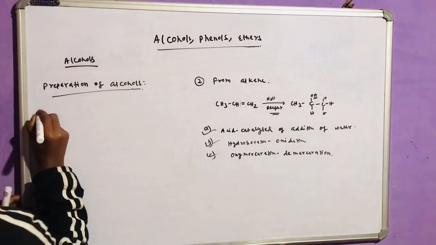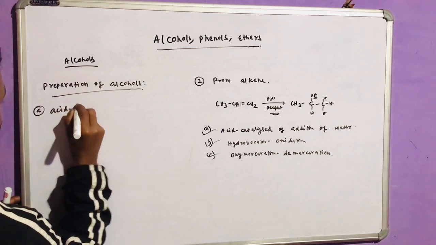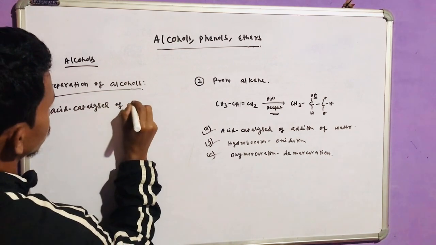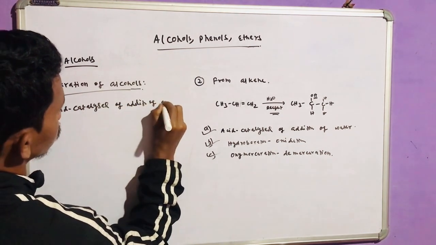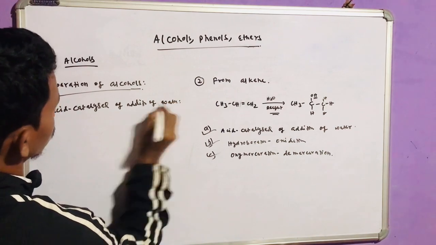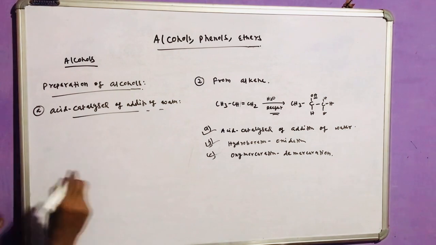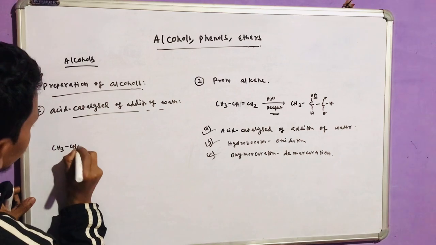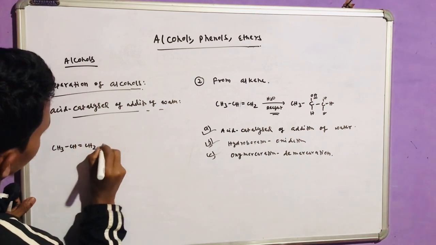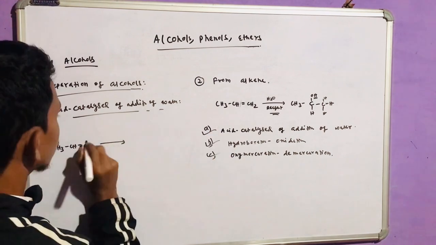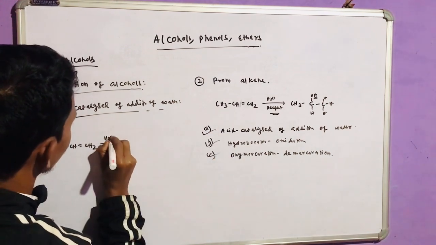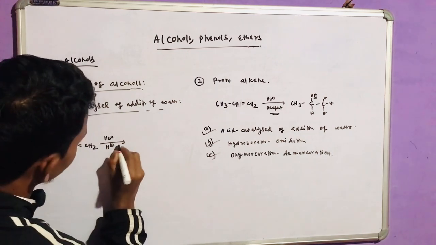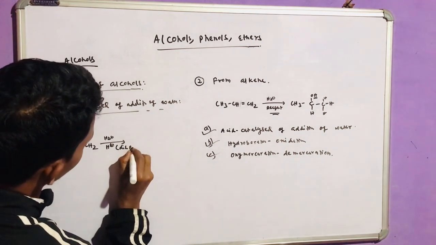So in acid catalyzed addition of water, what happens in these reactions? Let's say this is our alkene, and I add water, and with that an acid, where H plus comes from an acid like dilute H2SO4.